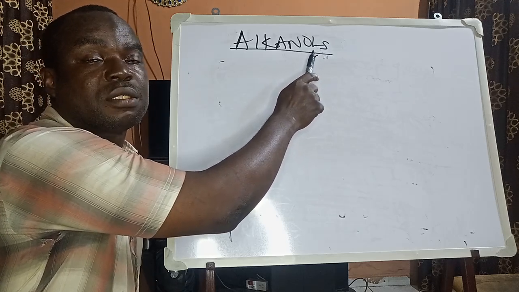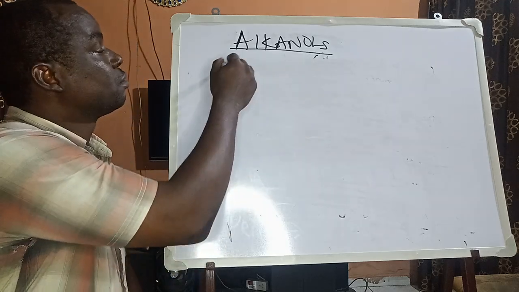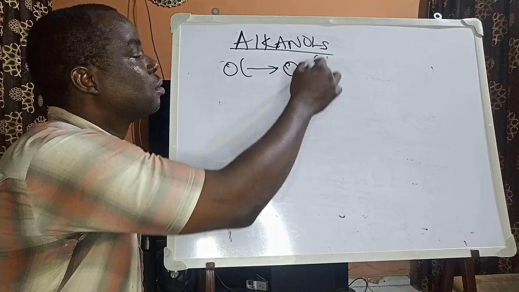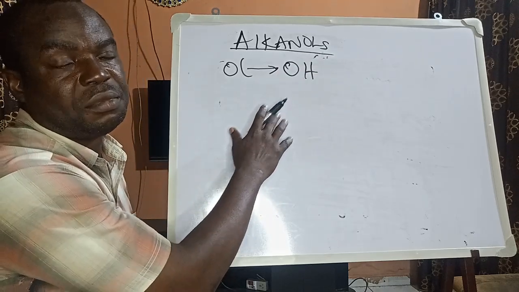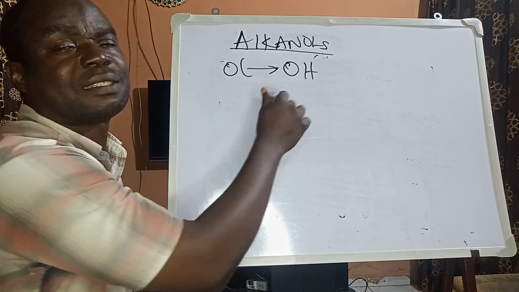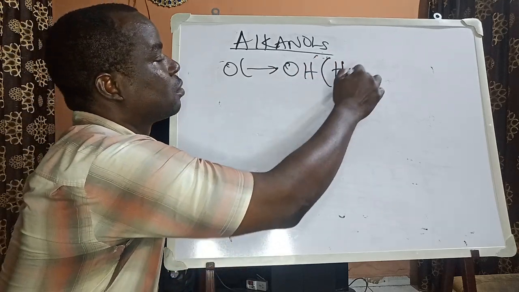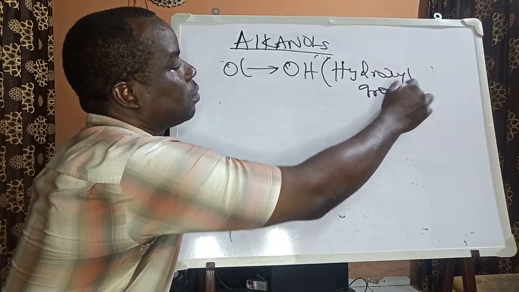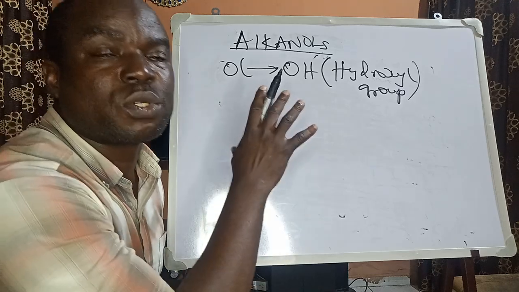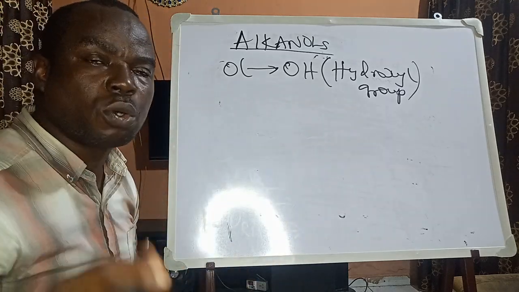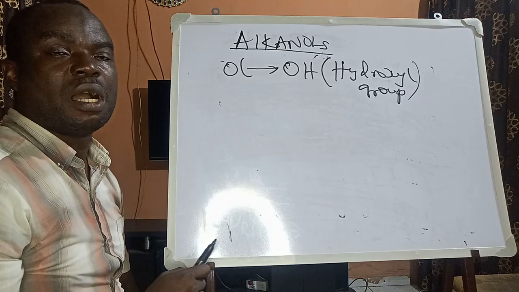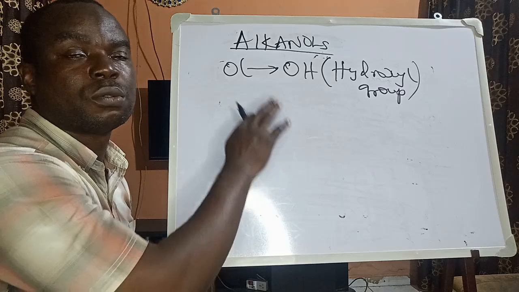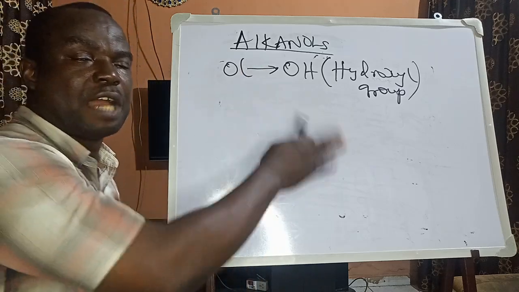The OL there means OH, which is pronounced as the hydroxyl group. So in our study of ALKANOLS, take note of this. That's the meaning of OL, which is OH, or the hydroxyl group.